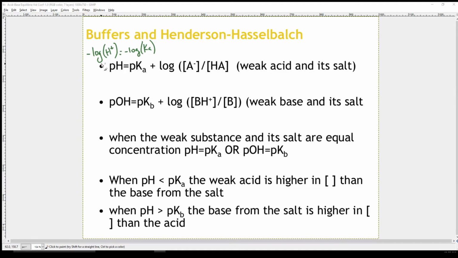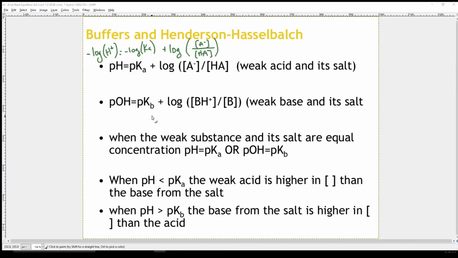So pH equals the negative log of the Ka plus the log of the concentration of the ion over the concentration of the weak acid. You could also think of it as the log of the conjugate base over the acid.